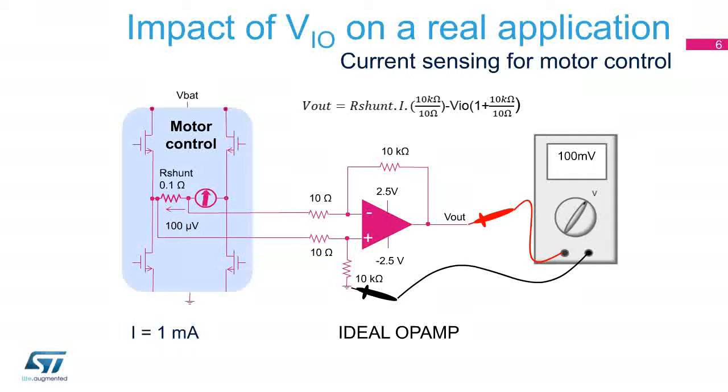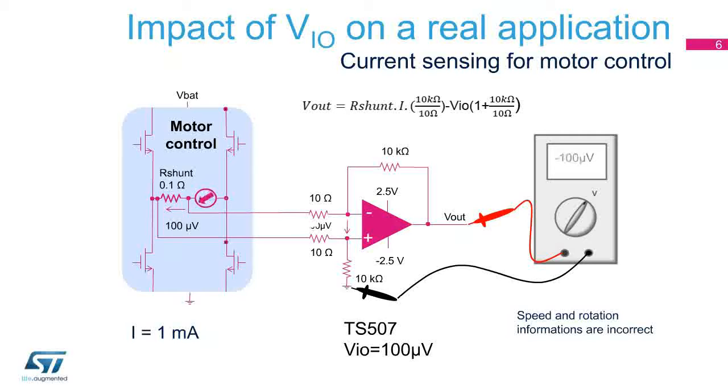With an ideal op-amp, VIO equals 0 millivolts. So only the first term of the equation is valid. Normally, we read an output voltage of 100 millivolts. But as we said previously, the world is not perfect and the ideal op-amp doesn't exist.